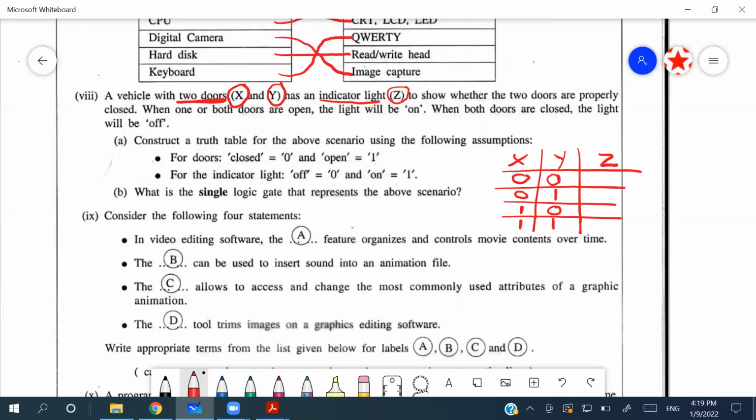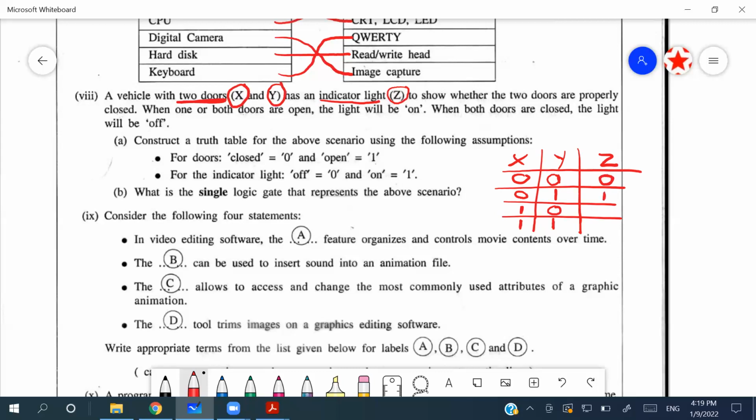And how the indicator light works: when any one of the doors or both are open, the indicator light is going to be on. So the very first combination, 0, 0, indicates the doors are closed, so Z is not going to be on.